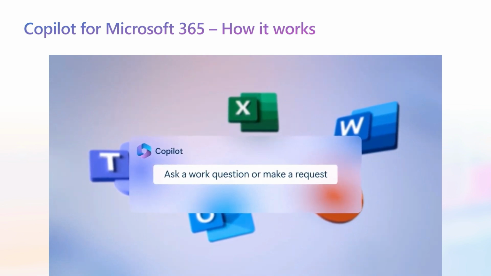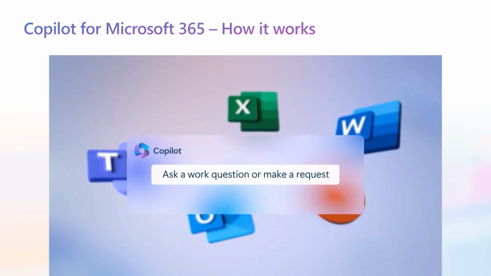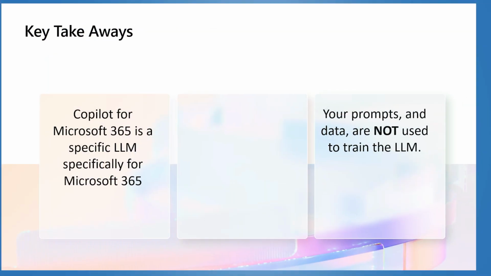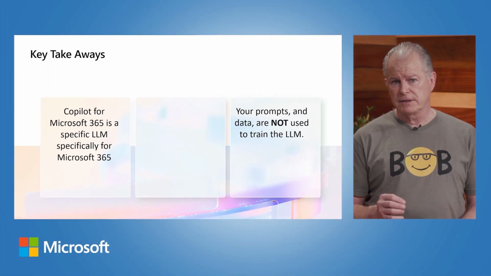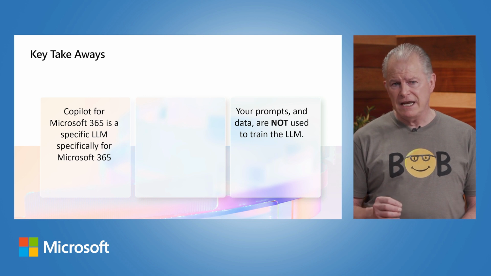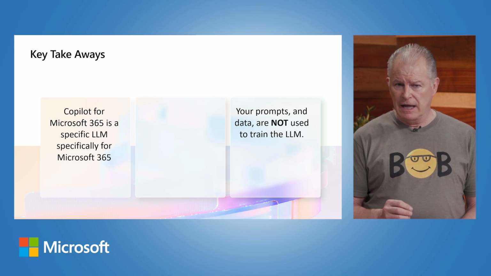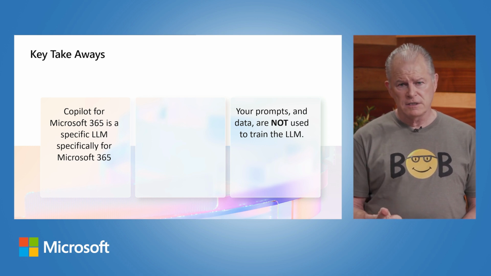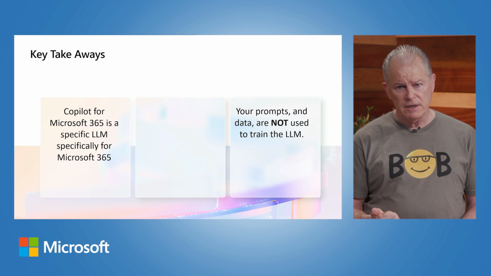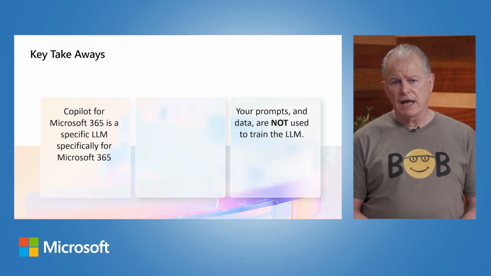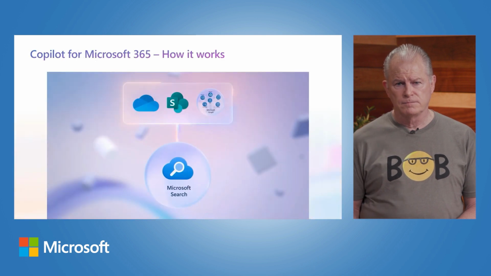Copilot capabilities are surfaced in and work with all of the Microsoft 365 apps. It is trained on public data, but it will not retain your private data inside of its training. As well, you will only have secure access to the information that you have access to natively in your environment, and it only exists within the topic sessions that you're talking with.